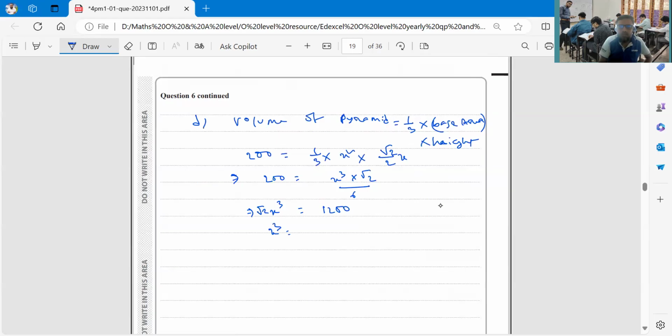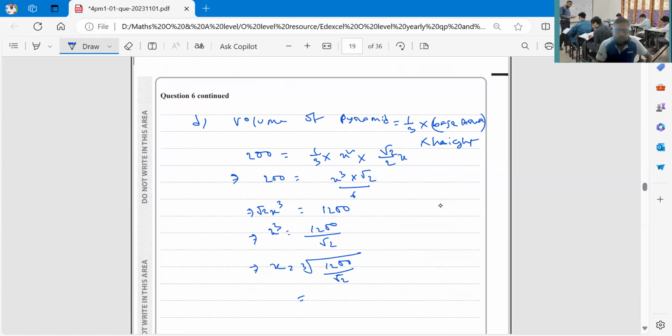And x cube equals to 1200 divided by root 2. And x equals to cube root of 1200 divided by root 2. So in the calculator, this 3 will become cube root. So cube root of 1200 divided by root 2.